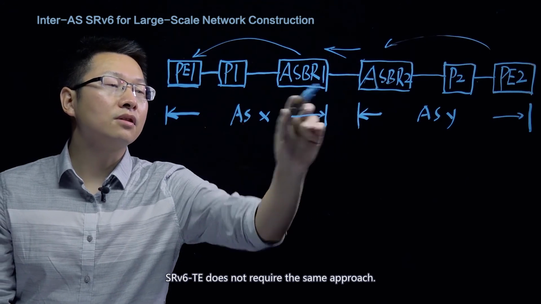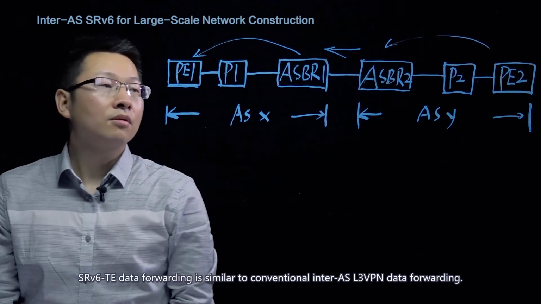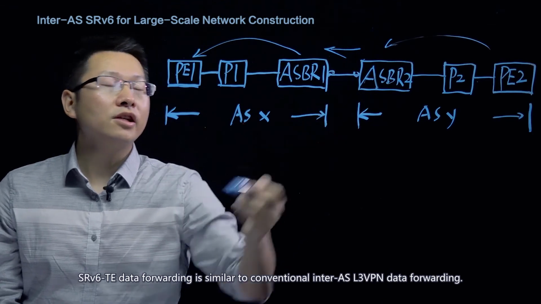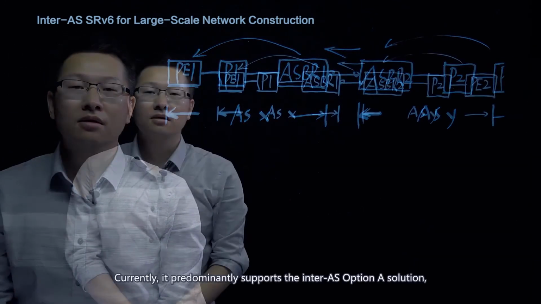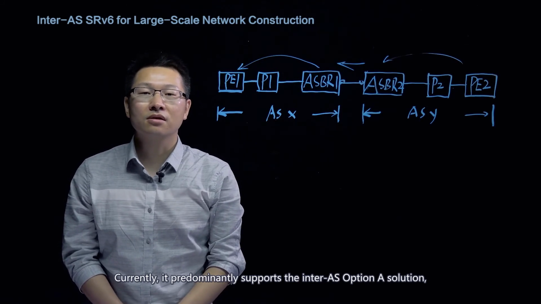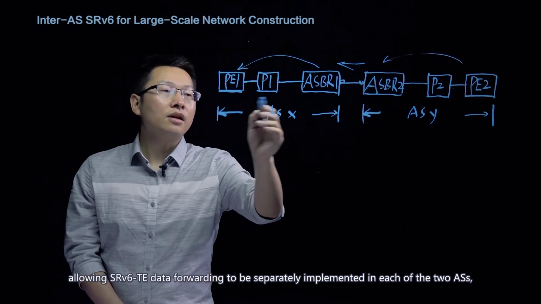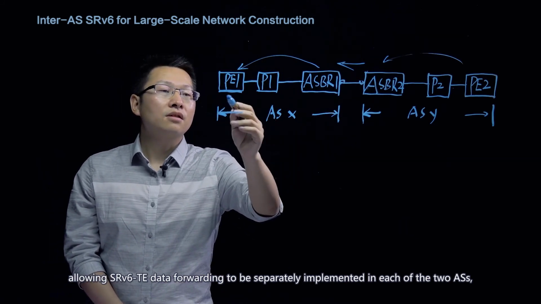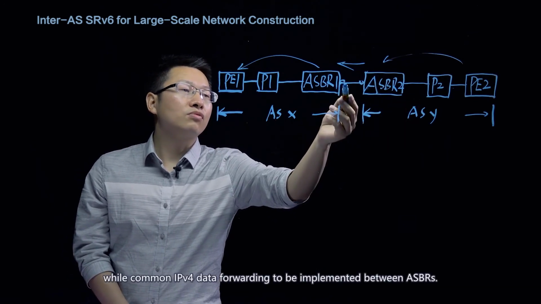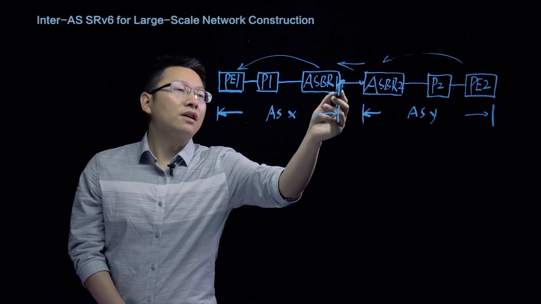SRv6 does not require the same approach. SRv6 data forwarding is similar to conventional inter-AS L3 VPN data forwarding. Currently, it predominantly supports the inter-AS option A solution, allowing SRv6 data forwarding to be separately implemented in each of the two AS, while common IPv4 data forwarding is implemented between ASBRs.